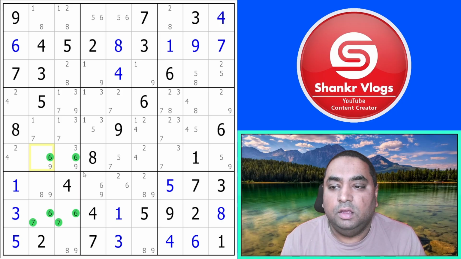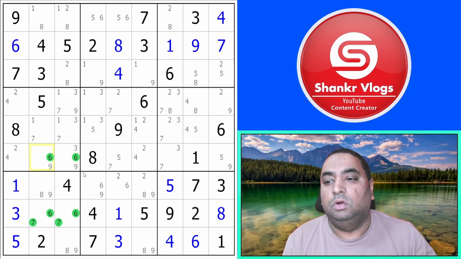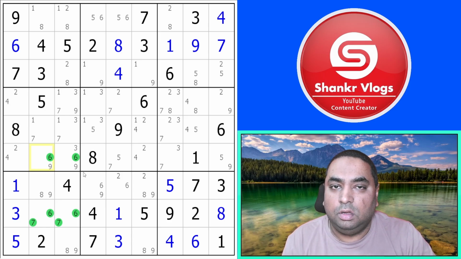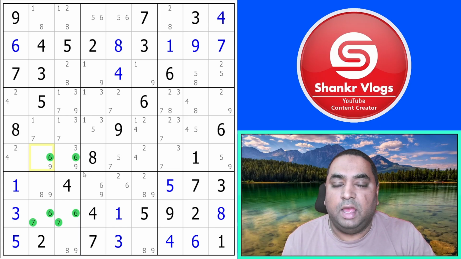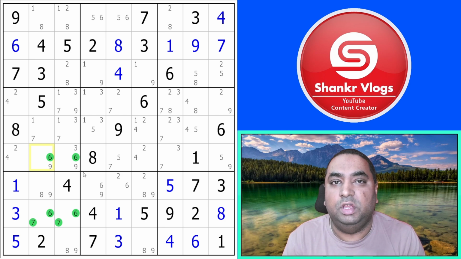So in this way, the UR type 4 candidates can be removed. We have to concentrate only on UR candidates, and when one UR candidate forms a conjugate pair, the other candidate should be removed. So that is a type 4 unique rectangle.